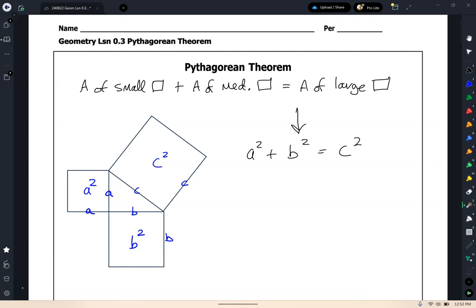You've got to know the difference between those, right? The a squared is the area of the square that comes off the side of the triangle, whereas the a is just that single individual measurement that runs from here to here. Whether you're talking about it as the side of the square or the side of the triangle, it's the same thing, but you have to be able to distinguish those and communicate them clearly.